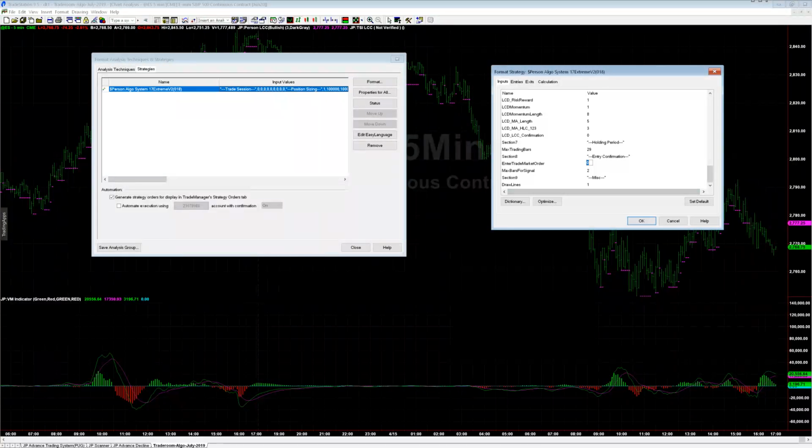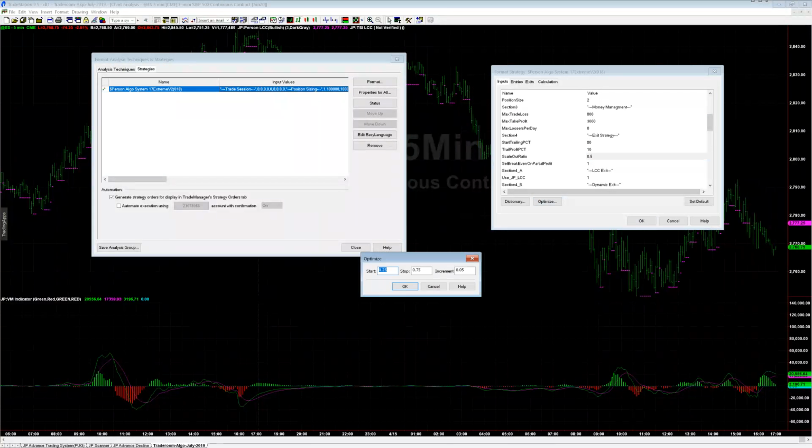All right, draw lines. Lines are going to be drawn where your entry, your stop, and your initial profit target. All right, Brian, your profit target's going to be overridden if you say, don't scale me out. And if you optimize this, it has start at 0, optimize 1.